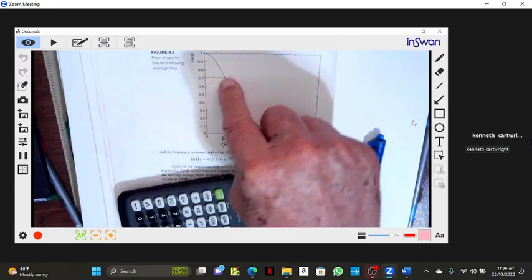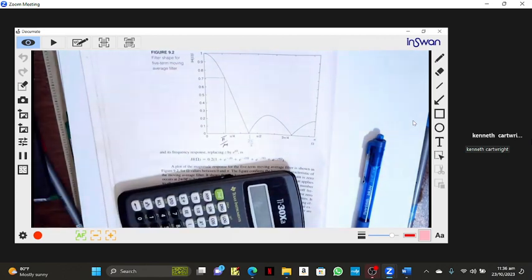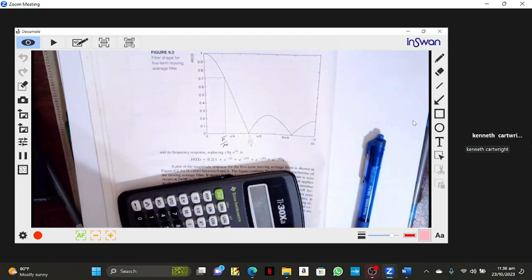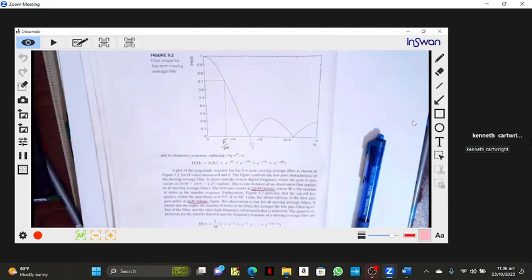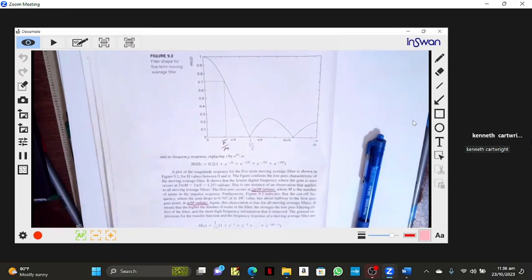Go all the way across, hit the graph, and come down, and we have pi over m. The cutoff frequency is pi over m, where m is how many terms are in your moving average filter. In this case, pi over 5, which is 0.6283 radians.